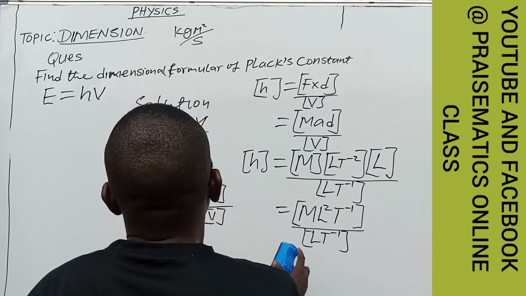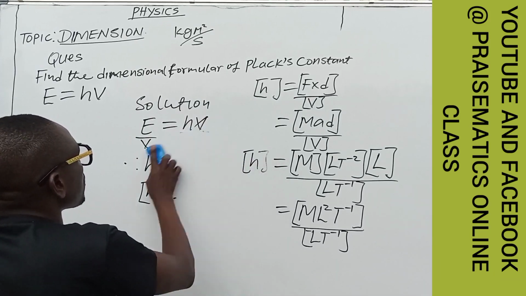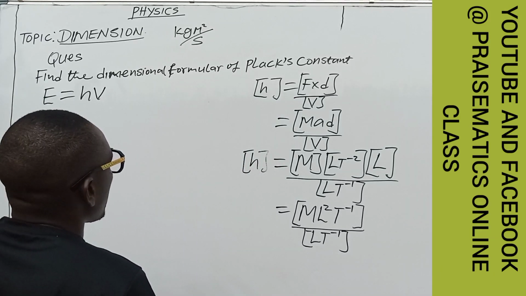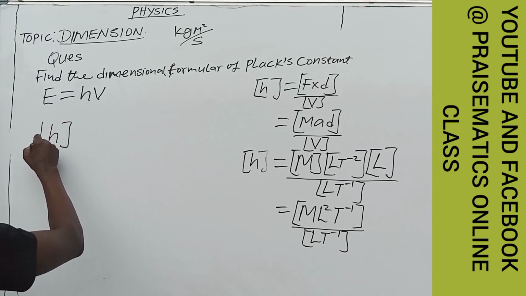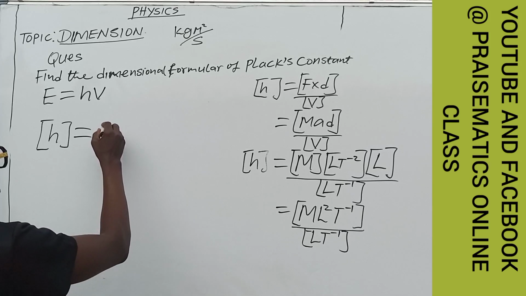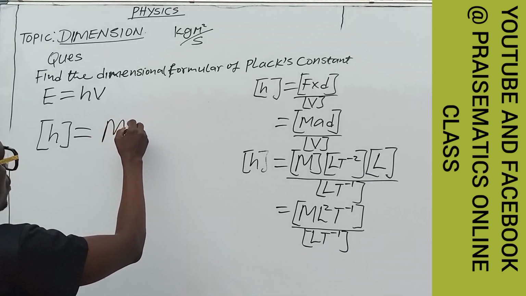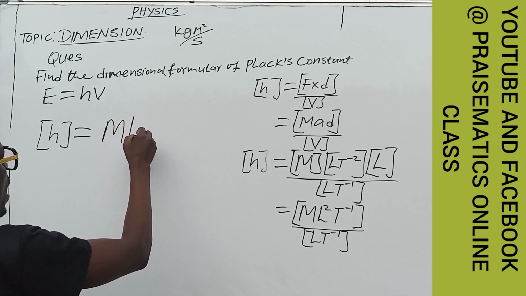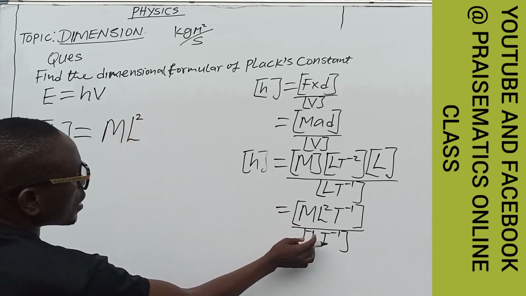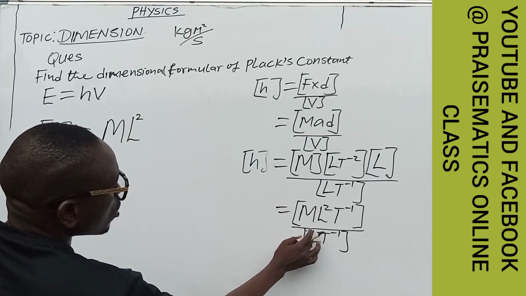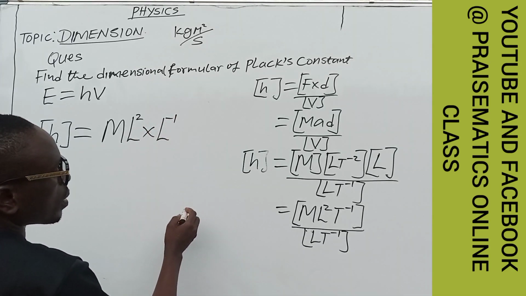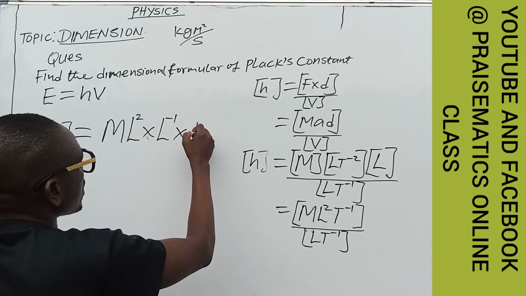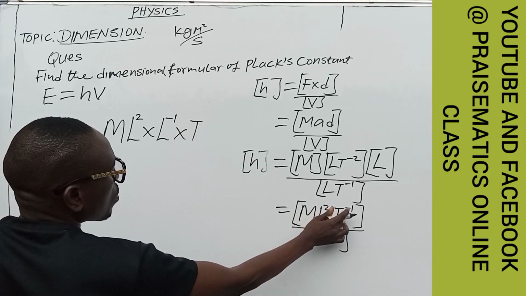Finally, what do we have? The dimension of Planck constant is equal to M, L raised to power 2. This L raised to power 1 will come up, and we have it as L raised to power minus 1, multiplied by t raised to power minus 1.